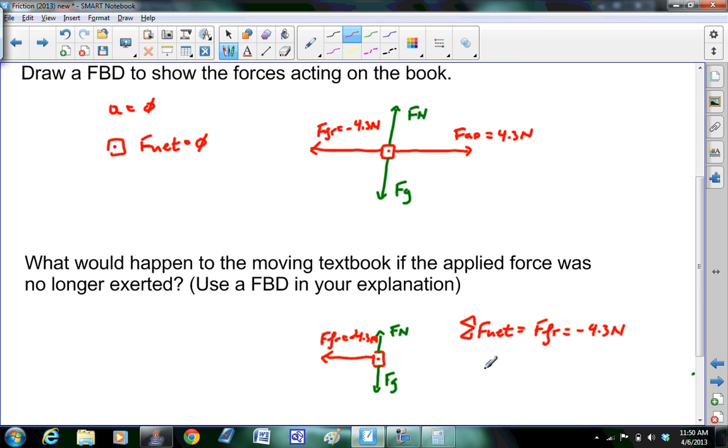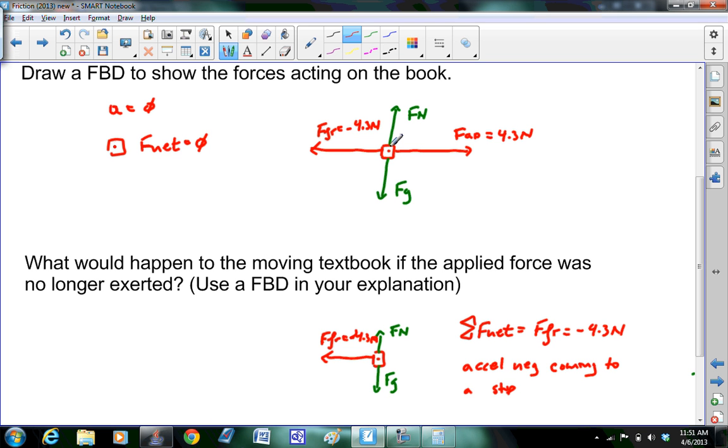So in other words, I'm going to be accelerating backwards, negatively. And since I was moving forward or positively, I'm going to eventually come to a stop. So accelerating negatively, coming to a stop. And it makes sense. You noticed that as well when you stopped pulling on the textbook, it came to a stop.